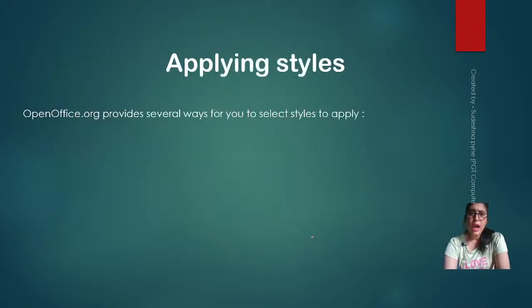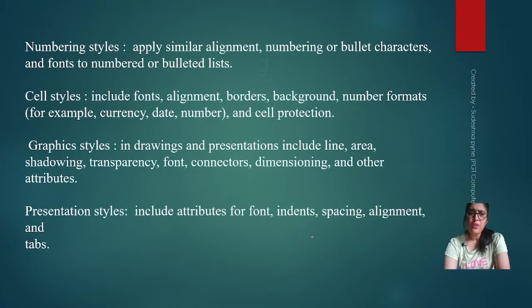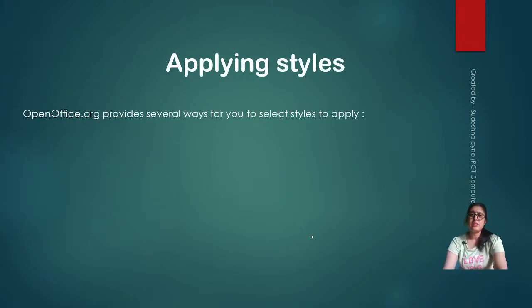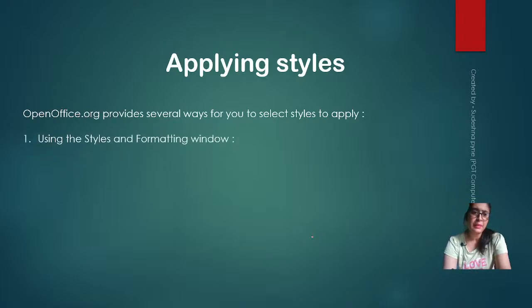Okay. Now, till now we have seen what the styles are, but we have not seen how to apply the styles. So let's see quickly how to apply the styles. Now OpenOffice.org provides several ways for you to select a style to apply. First one, using the Styles and Formatting window.